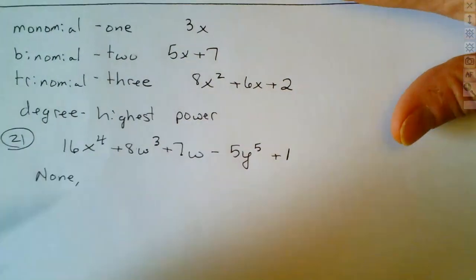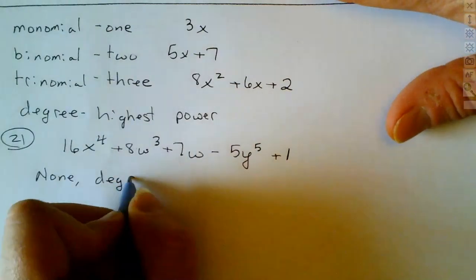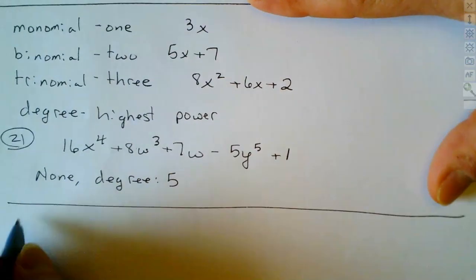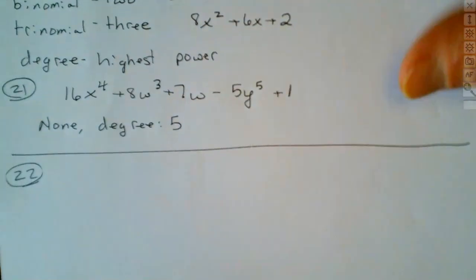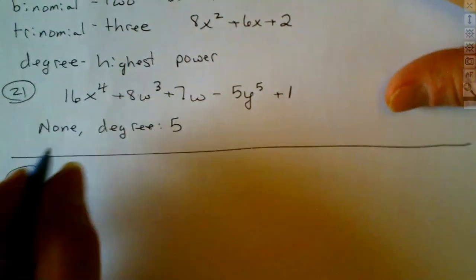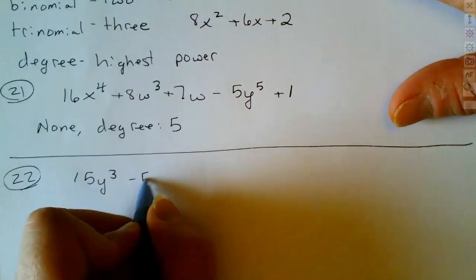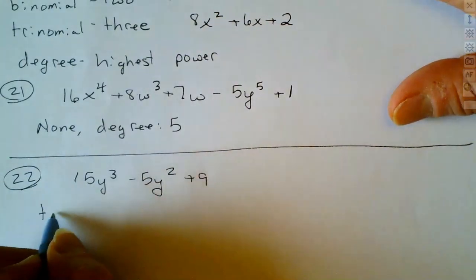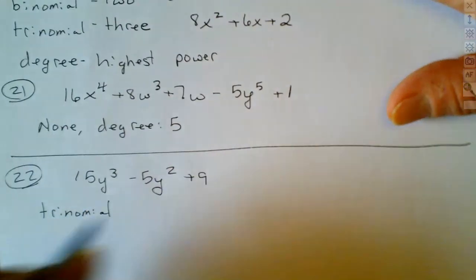And what's my highest power? 5, so my degree would be 5. Question 22 is very, very similar. Question 22 is 15y cubed minus 5y squared plus 9. This has 3 terms, so this is a trinomial.